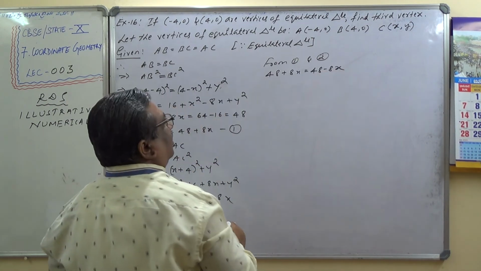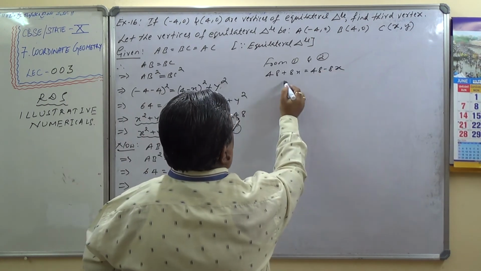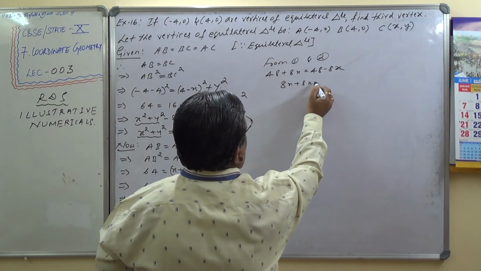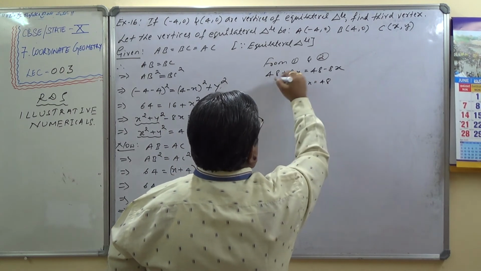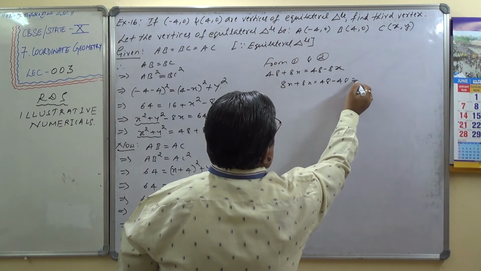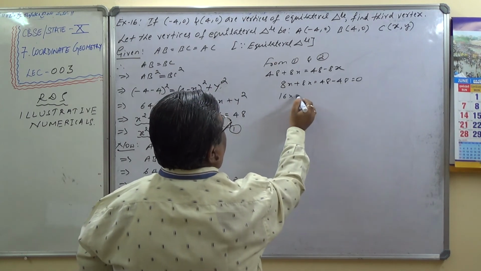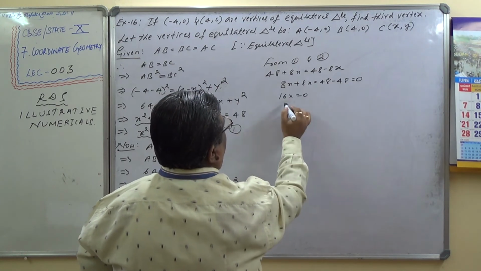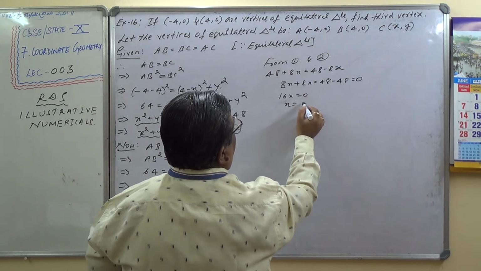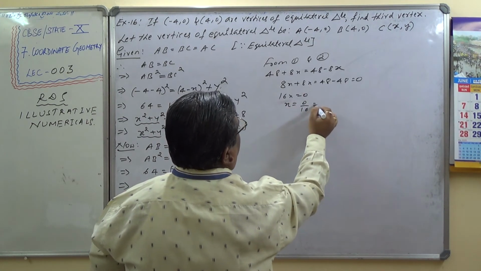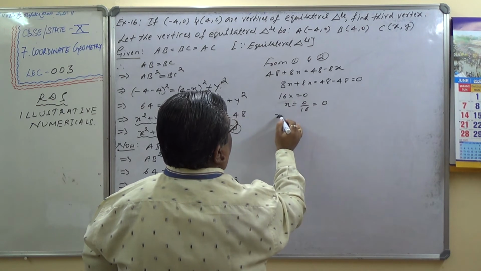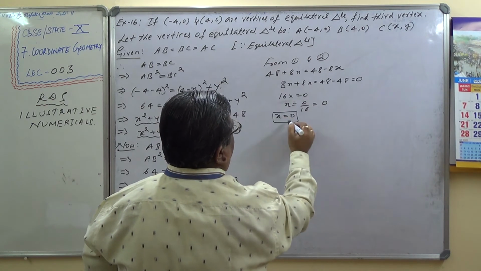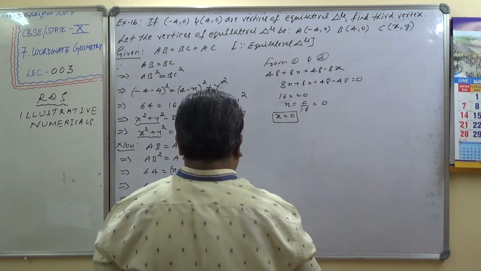So 8x plus 8x is equal to 48 minus 48, which is 0. 16x is equal to 0. So x is equal to 0 by 16, which is 0. So I got x equals 0. Mark it 3.